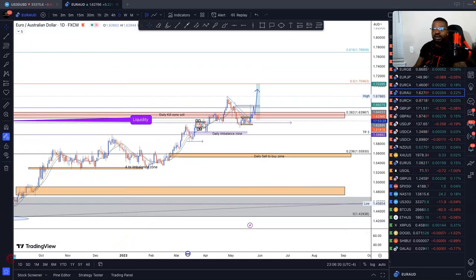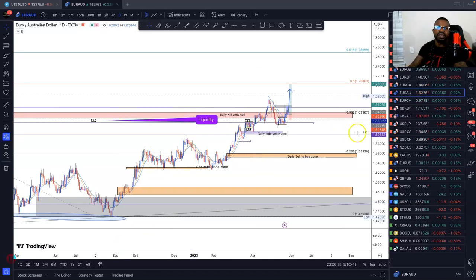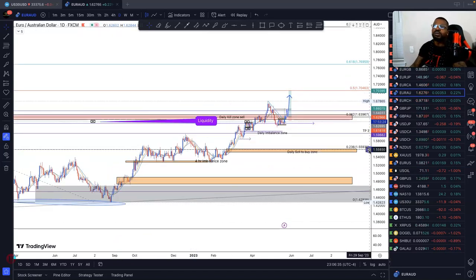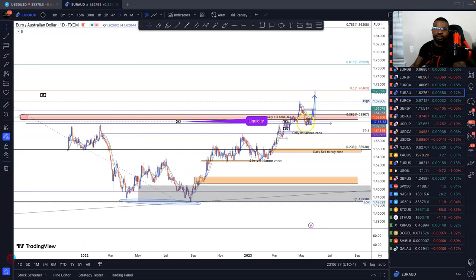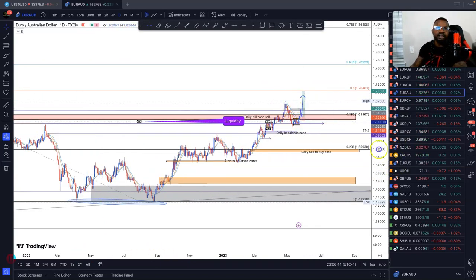Let's test something out really quick. Let's look at the fib. Okay, we're going to take one from this swing low to this swing high here.